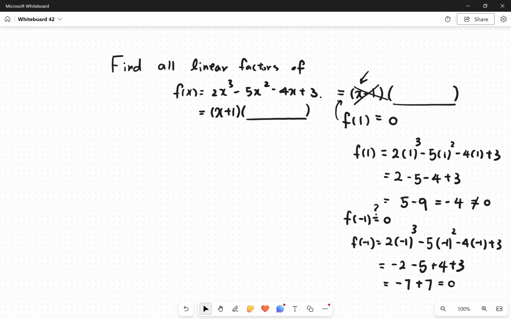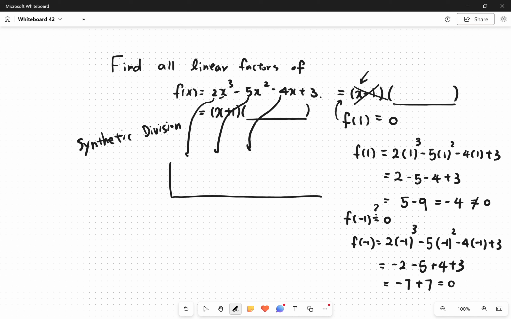Alright, the next step is to use synthetic division. This is one of the ways to find the linear factors of polynomials. What I'm going to do is write down the coefficients of the polynomial: 2, negative 5, negative 4, 3.